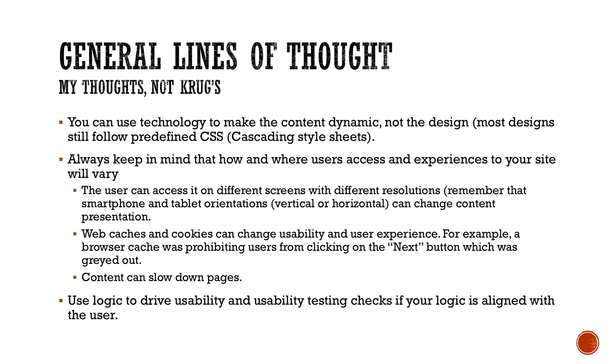Second, always keep in mind that how and where users access and experience your site will vary. So what you are doing is going to vary based on where the user is and how the user experiences it. We are dependent on many things, like a network connection. Right now, as I'm speaking, the coronavirus crisis is sort of quasi-prime time.